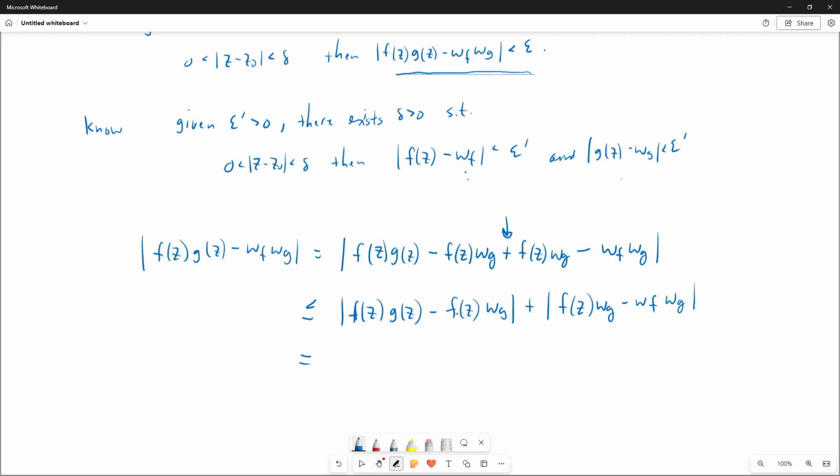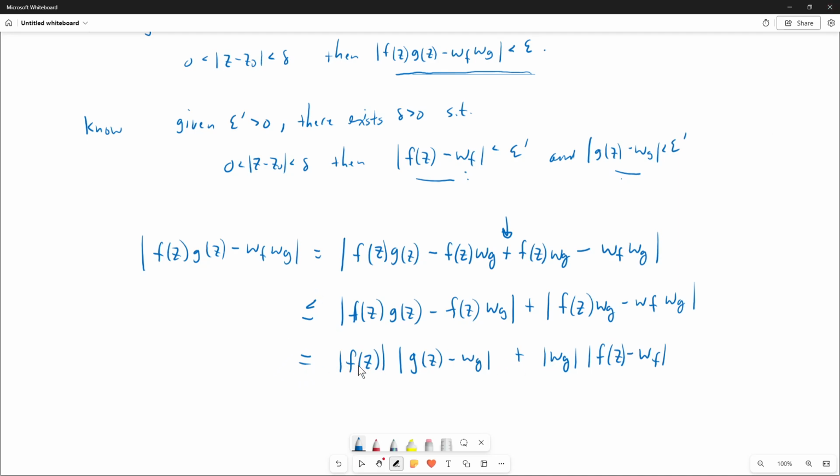Now here we have a common factor of f of z that we can factor out, and the modulus of a product is the product of the moduli. So we can take the modulus of f of z times the modulus of g of z minus wg. And here we have a common factor of wg that we can take out, and we have f of z minus wf here. And this is very nice because these two differences are exactly these differences here that are less than epsilon prime.